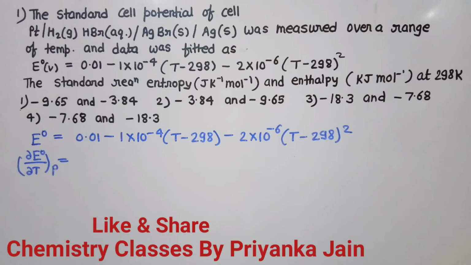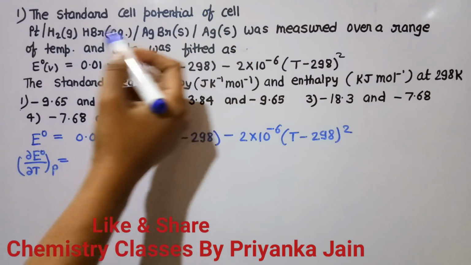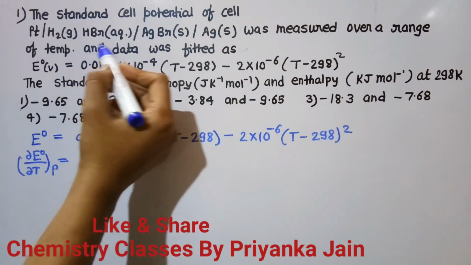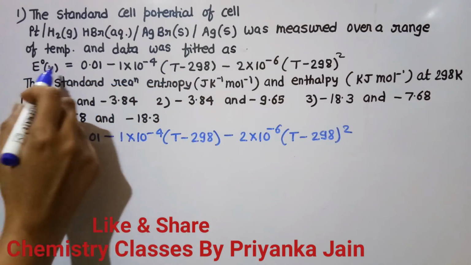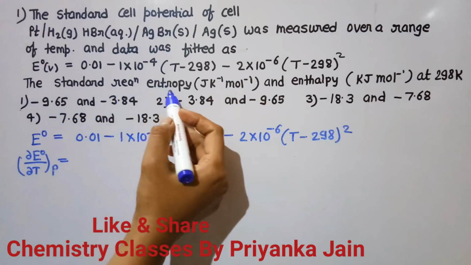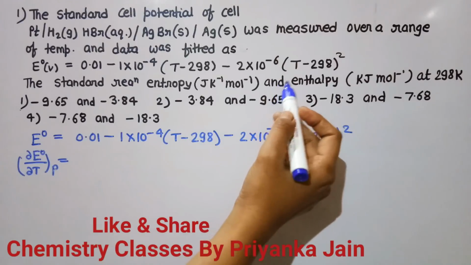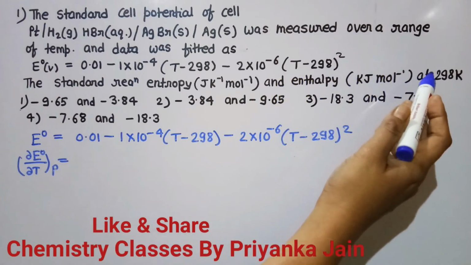So we will solve this problem. The question was: the standard cell potential of a given cell was measured over a range of temperature, and we have been given the data. It means we have been given the standard EMF's value. We have to find the standard reaction entropy in joules per Kelvin per mole and the enthalpy in kilojoules per mole at 298 Kelvin.